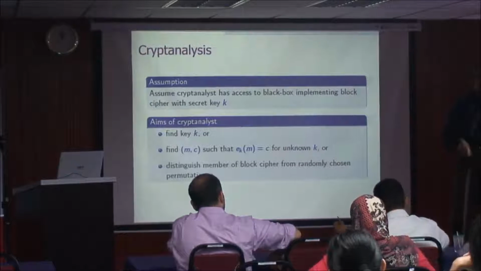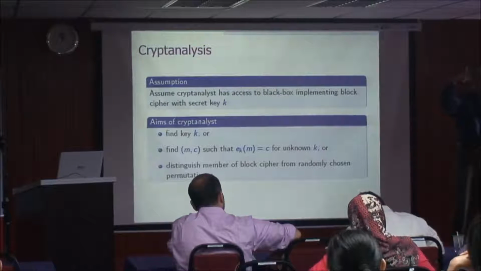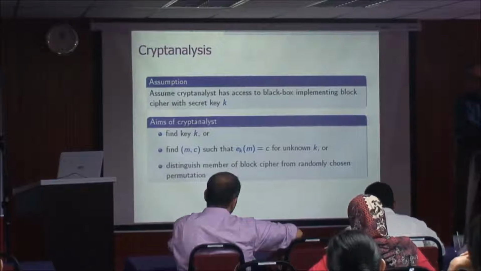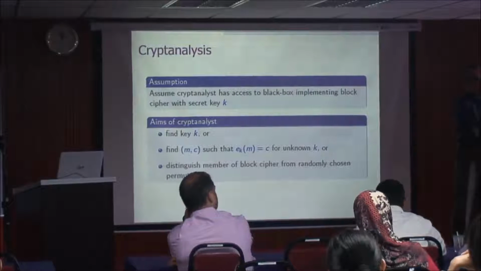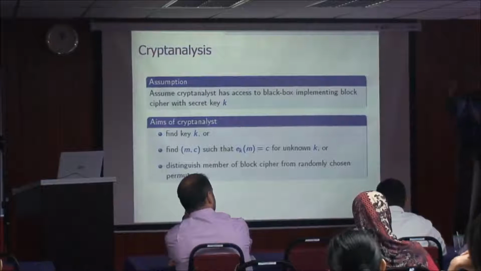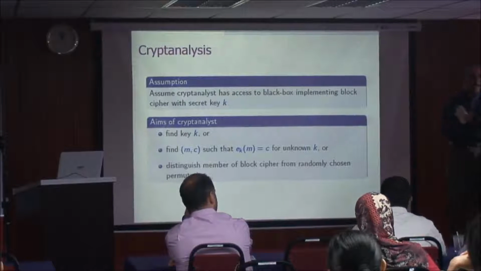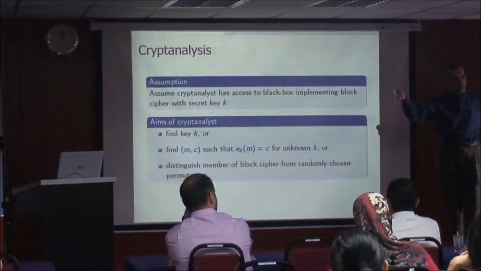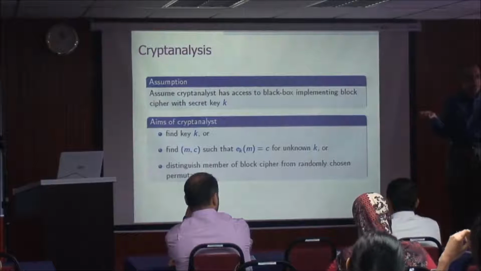You give me one plain text and its corresponding ciphertext, and then I just exhaustively encrypt the plain text with all the possible keys until I have a hit with the ciphertext. If I have a matching plain text and ciphertext, I say that I have used the right key to do the encryption. But again, this is a naive attack, because if your key length is long enough, then the attacker cannot win this game.